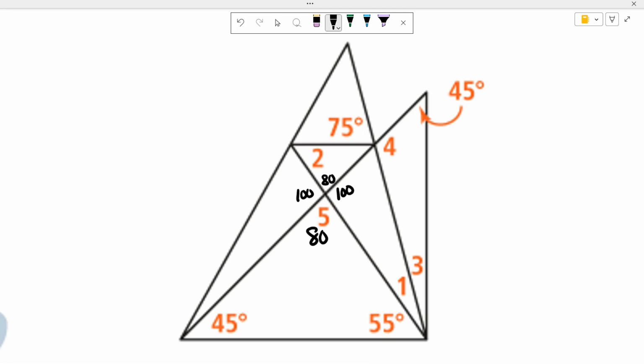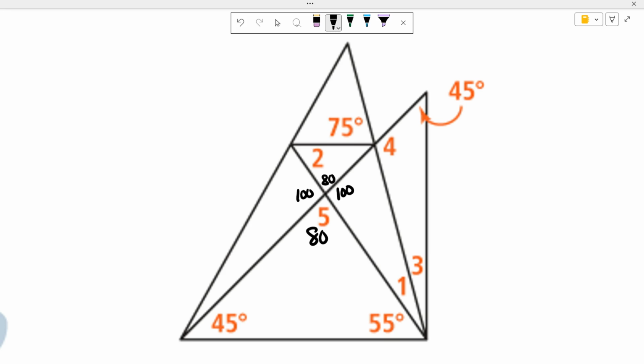Now, 100. So 45, 35, 75, parallel lines. So if this is 75, 45, this 45, because that is not that.